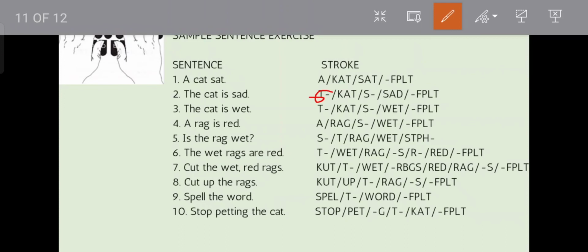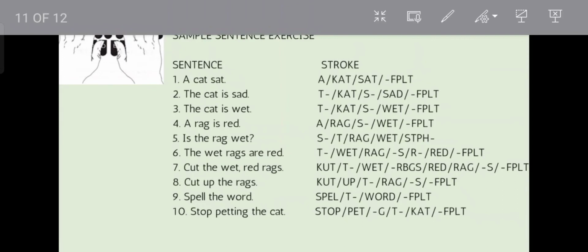In the cat is sad, the is is just letter S, and sad is SAD, then FPLT, which is period. Number 5, is the rug wet?